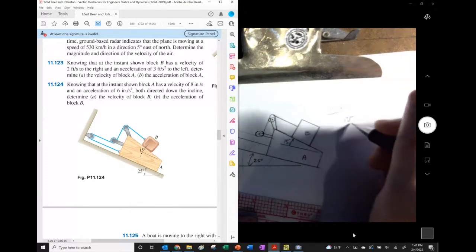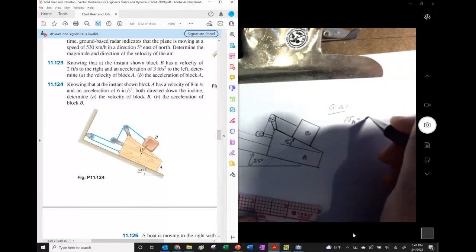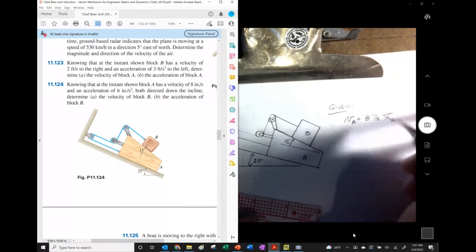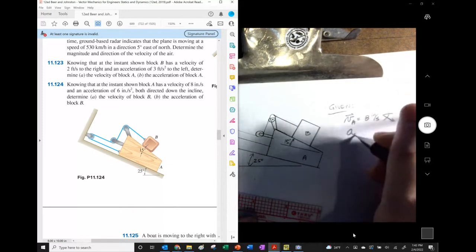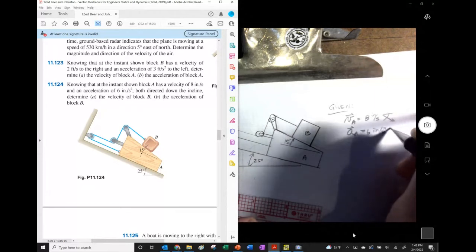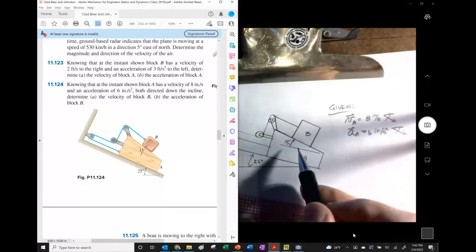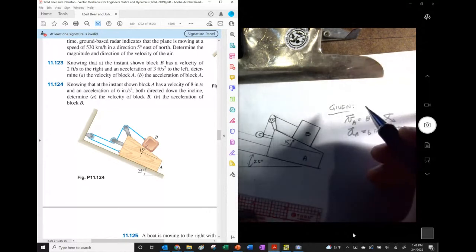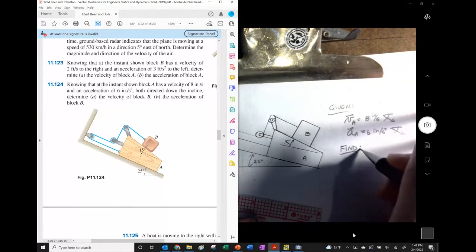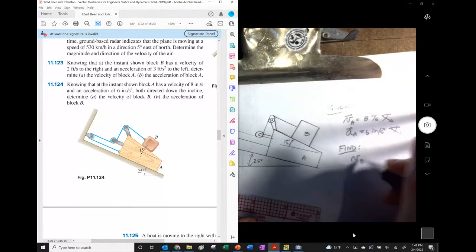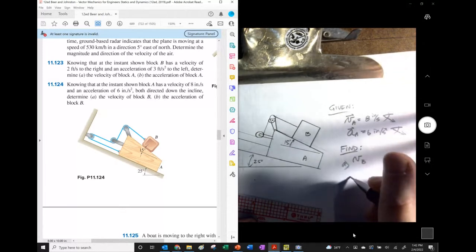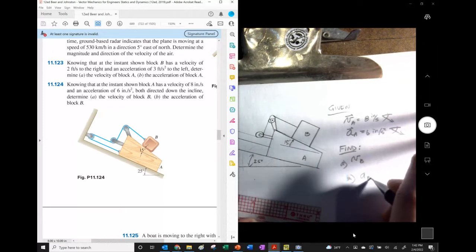So we're going to have VA equal to 8 inches per second, going down that way, and it has an acceleration of 6 inches per second squared, also down the incline. And okay, so now we want to find VB, I guess that's A, and B, AB.